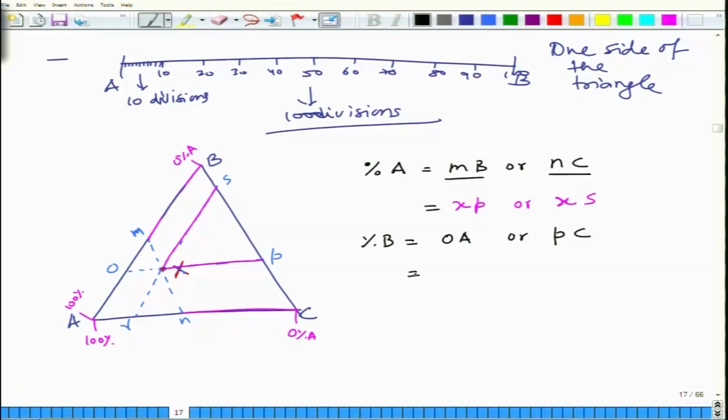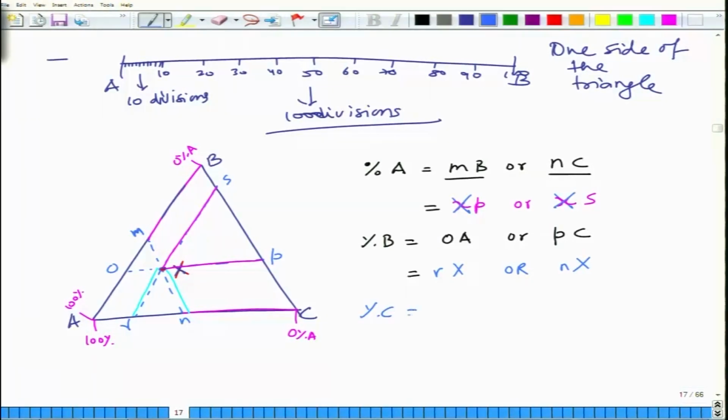OA is equal to this line, and PC is equal to this line. So this is equal to XP and XS, or it is equal to RX or NX.